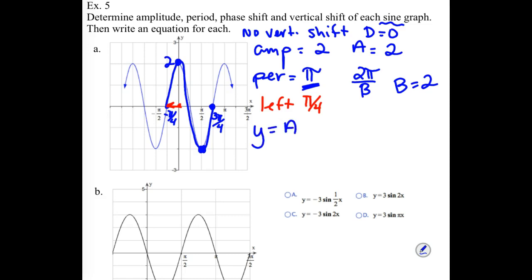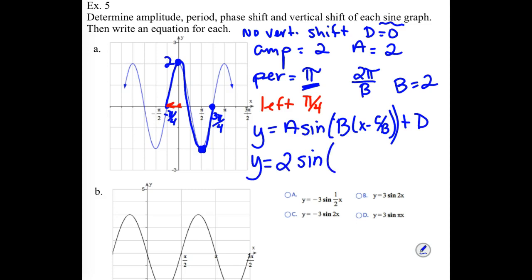So let's look at our equation. y equals a times the sine of b times x minus c over b, plus d. All right, we said our a value, our amplitude, is 2. We said our b value was also a 2.